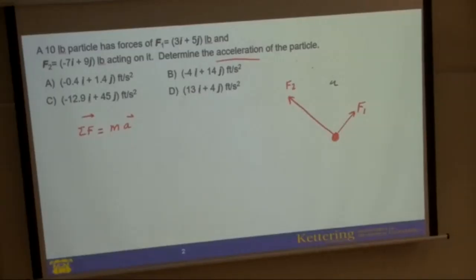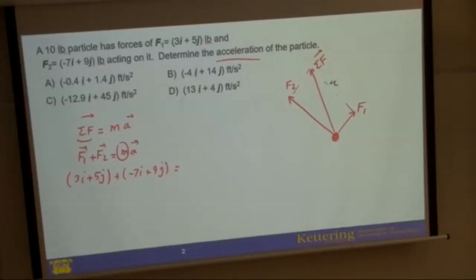If these are the two forces, this one is sigma F. It means that we need to add these two vectors equal to ma. F1 is 3i + 5j plus -7i + 9j equals mass times acceleration.